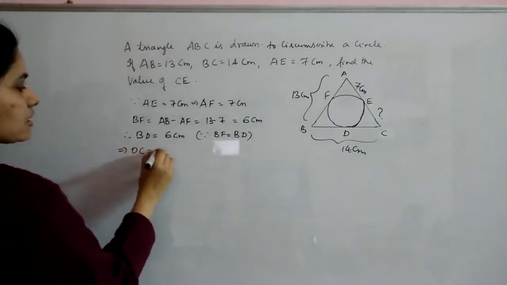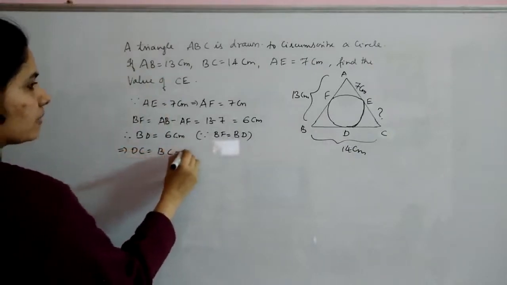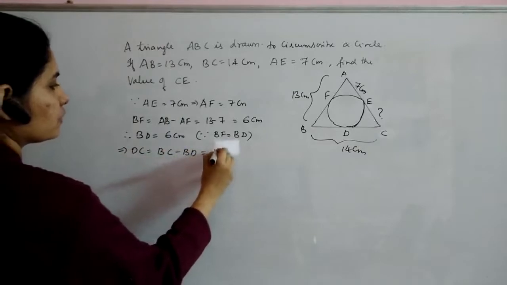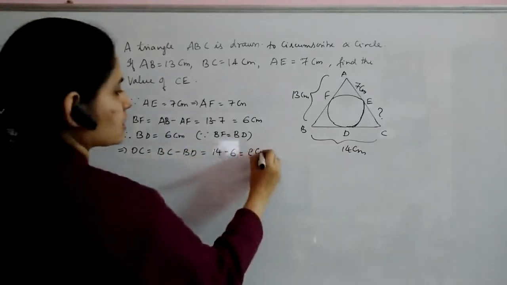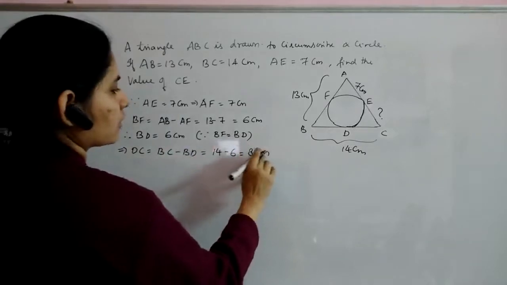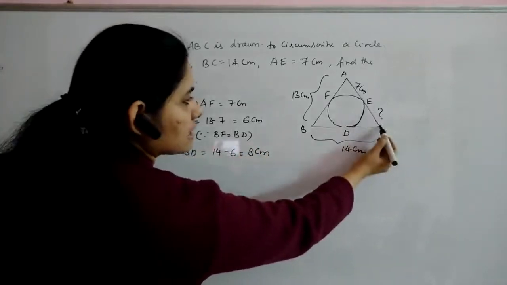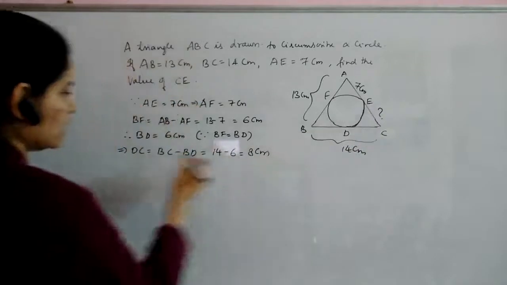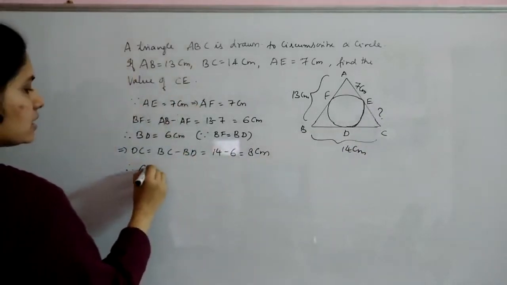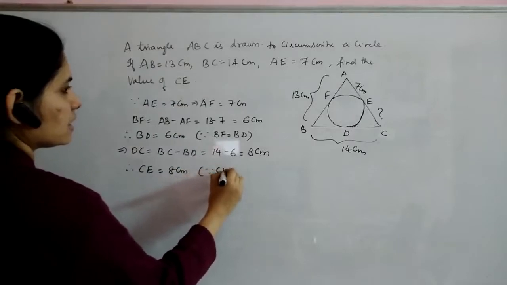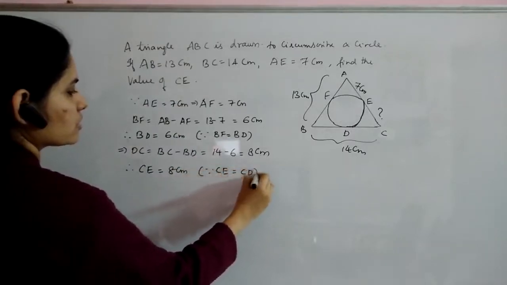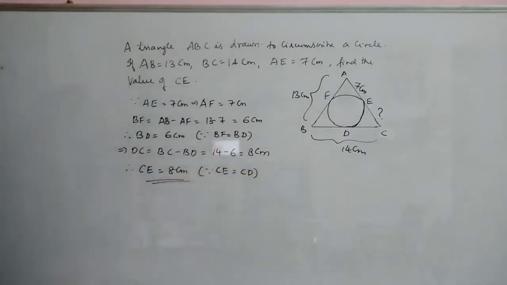DC is equal to BC minus BD, which will give you 14 minus 6, which is 8 centimeter. And since C is an external point, CD should be equal to CE. Therefore, CE is also equal to 8 centimeter.